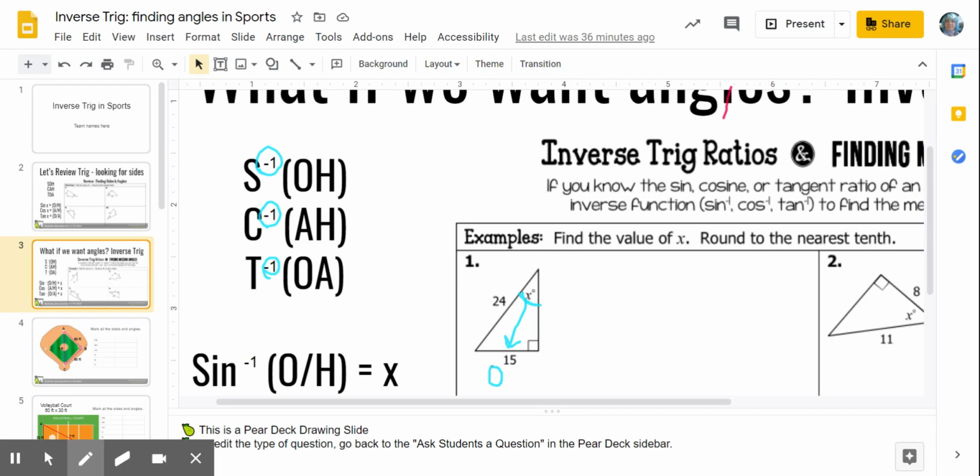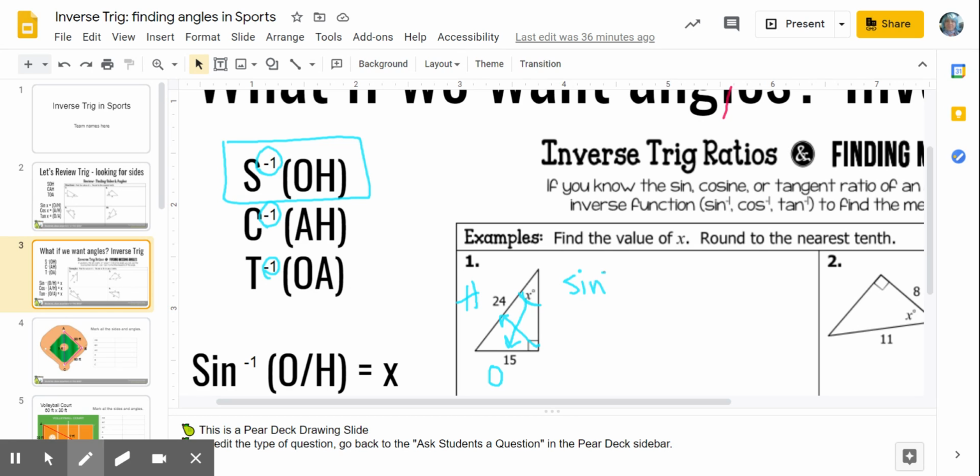That's the O. I can go straight through the middle of the triangle from the X to the 15. So that's the O. And this one is the hypotenuse. So which one has O and H in it? Sine.